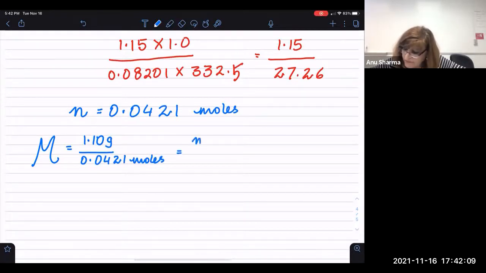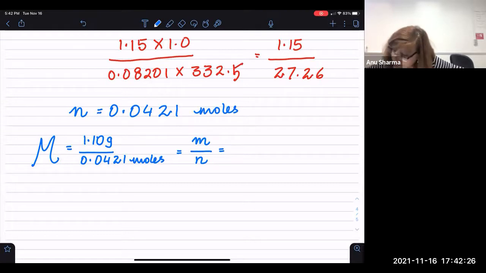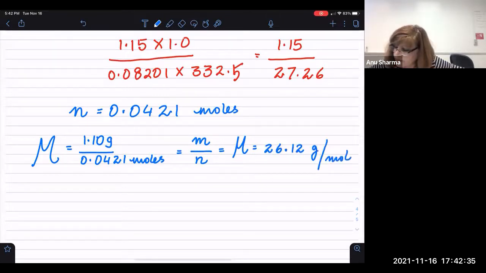So that's M over N, and that gives you 1.10 divided by 0.0421 is equal to 26.12 grams per mole. Okay, now that's the molar mass.